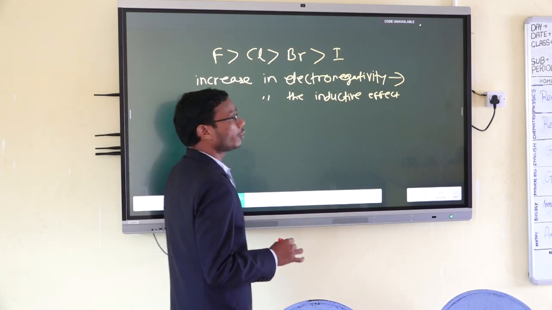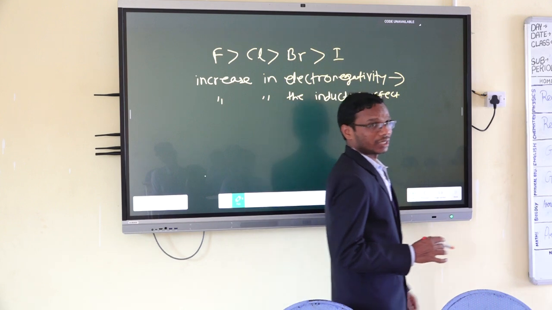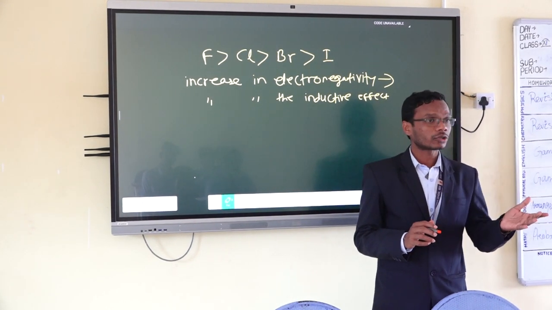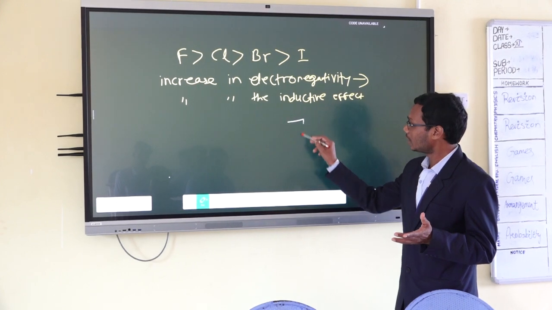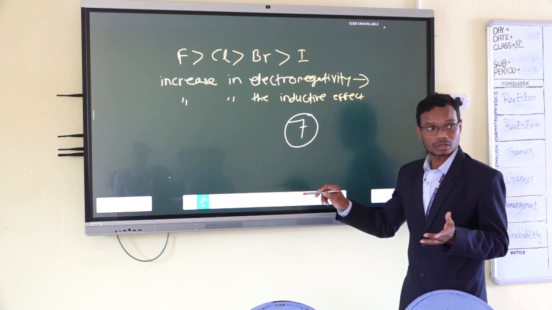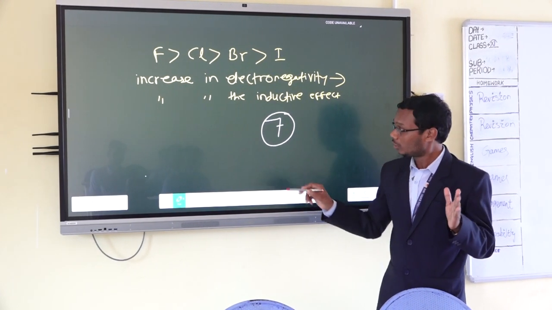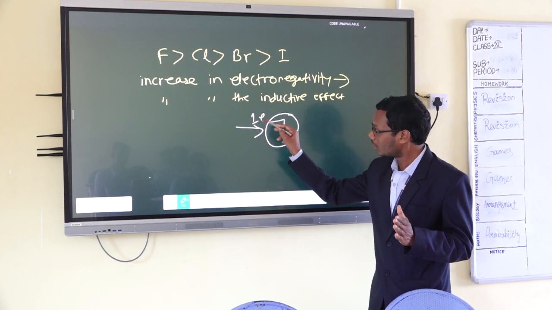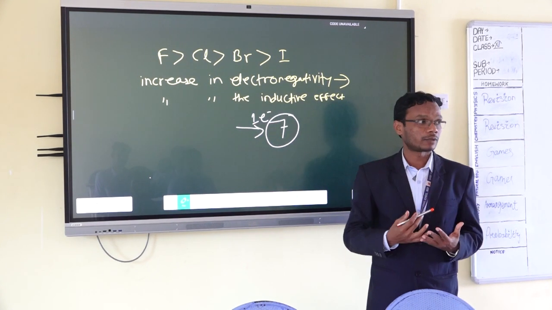Then mark another thing. Fluorine, chlorine, bromine, iodine are highly electronegative elements. In their outermost orbit, how many electrons are there? 7 electrons. So they want to gain 1 electron to become a stable configuration.